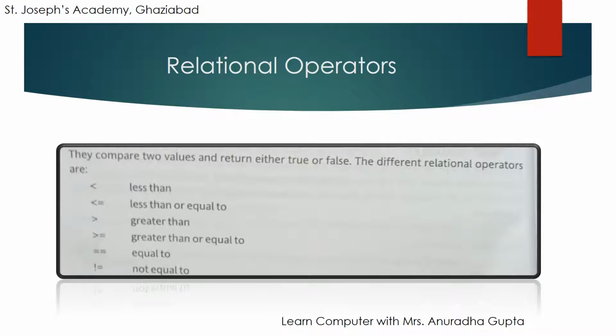Let's take one more example. 10 greater than equal to 10. Yes, this will give true because 10 is equal to 10. When we have two signs like greater than equal to, it will compare both. If any one is true, it gives true.